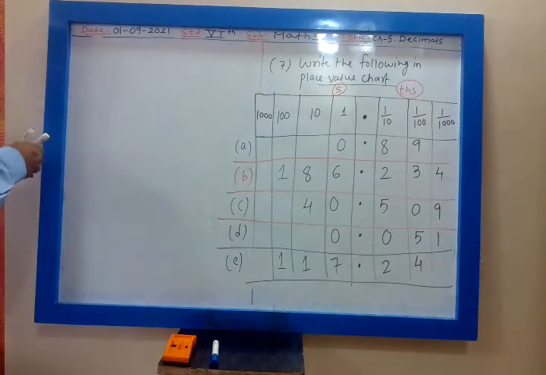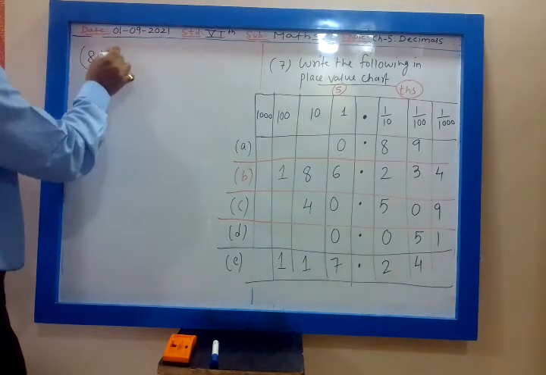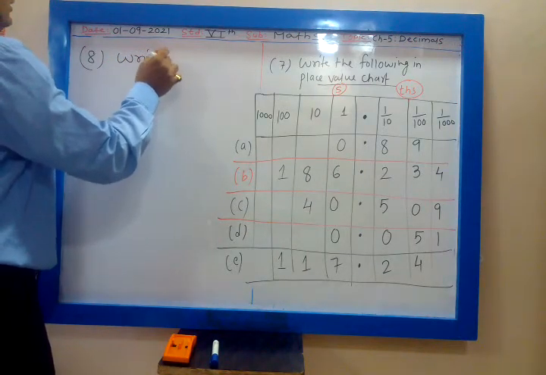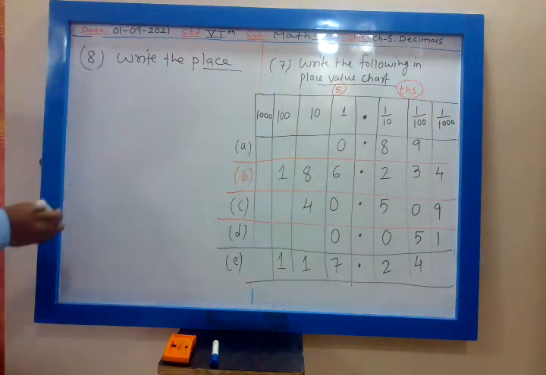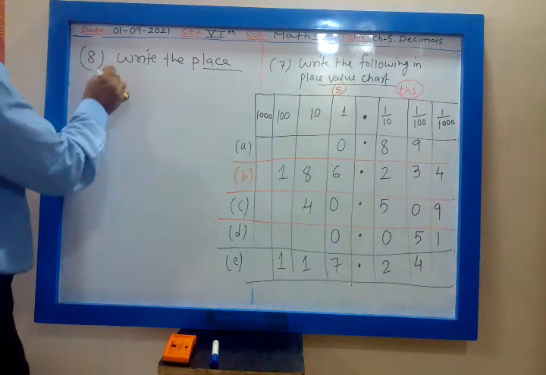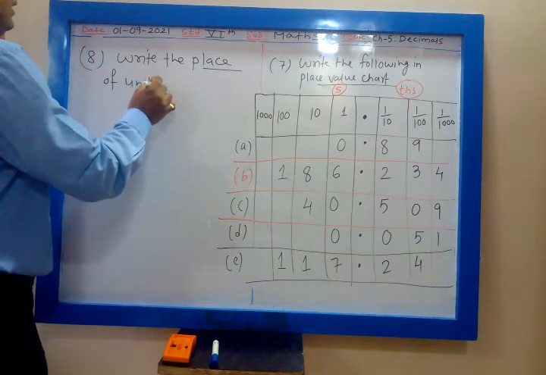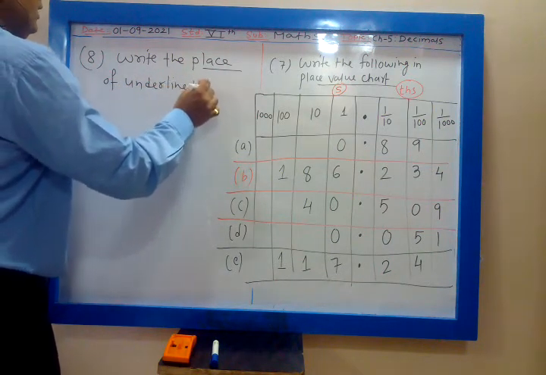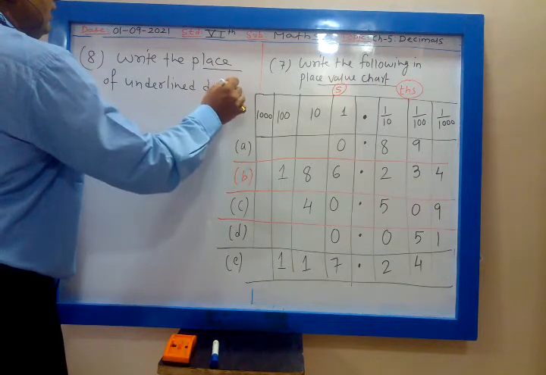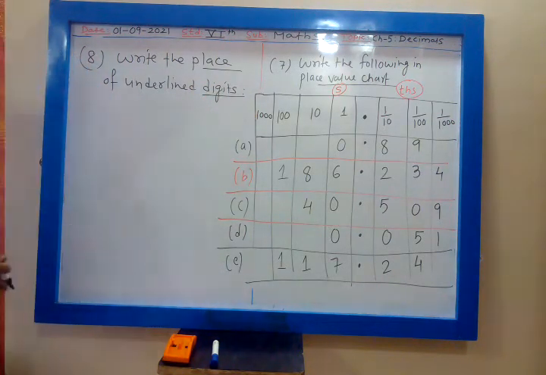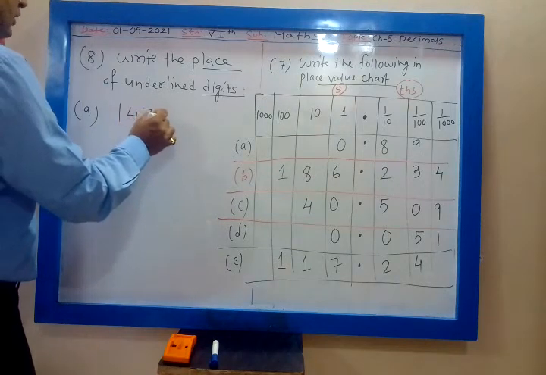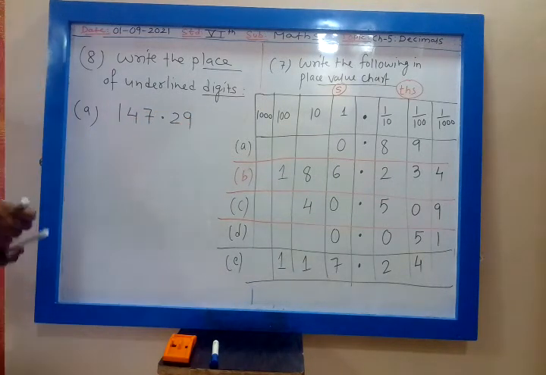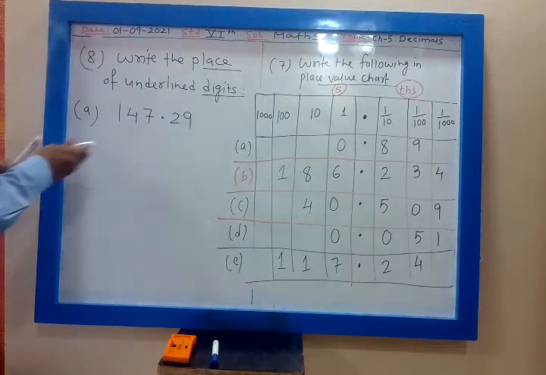Write the place of the underlined digits. You have to write down the place. First it is 147.29, and the underlined digit is 7.